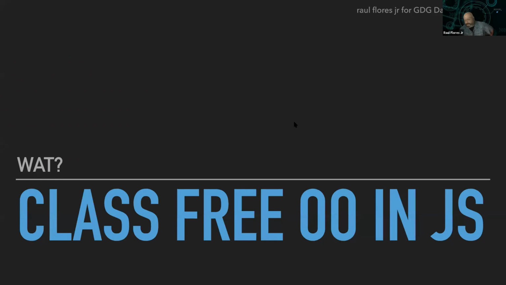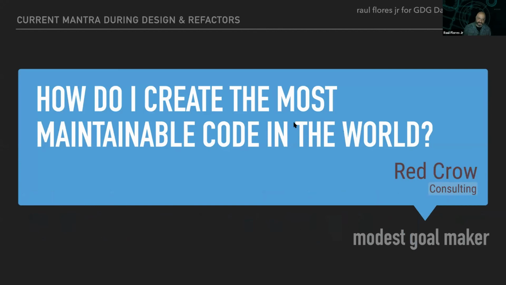All right. What is class-free object-oriented in JavaScript? So I had some old JavaScript I wanted to make into new JavaScript. So I went to my go-to mantra, which is, how do I create the most maintainable code in the world? Kind of extreme, but that's kind of where you got to go.